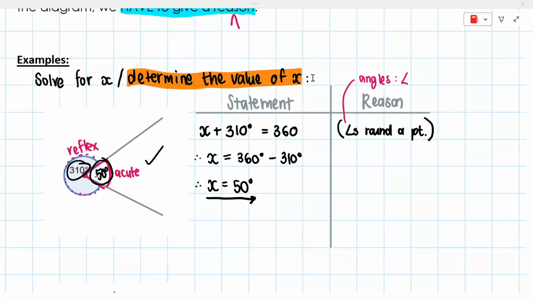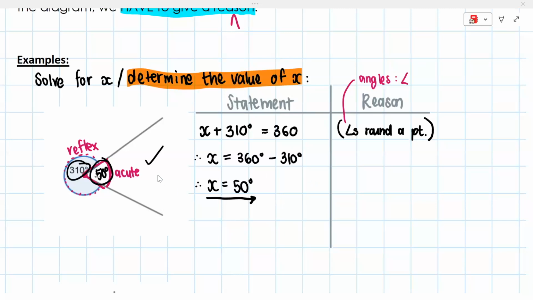Just on that, guys, it doesn't necessarily have to be an acute angle and a reflex angle. That was just this particular example. What's important though, and so where does 360 degrees come from? It comes from the fact that we've got angles all around a point. It's forming a circle, and a circle has 360 degrees.